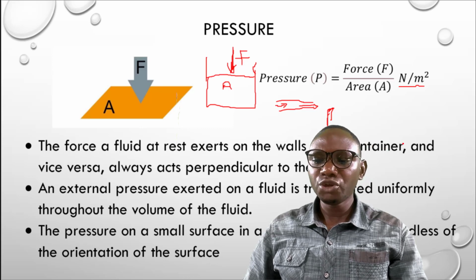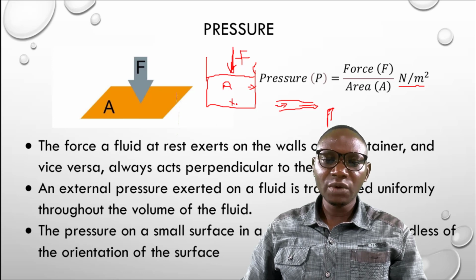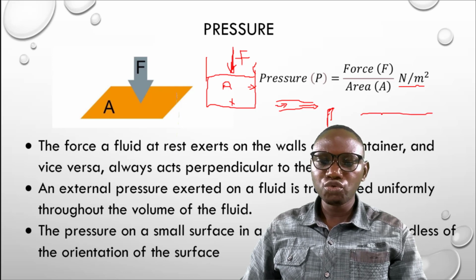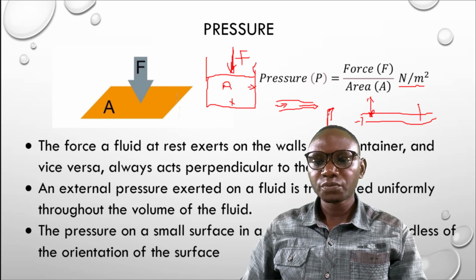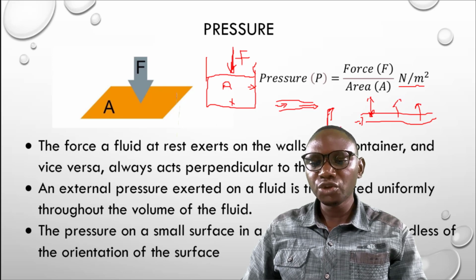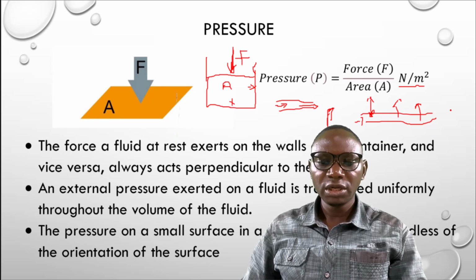When an external pressure is exerted on a fluid, the pressure is transmitted equally in all directions through that fluid. When you are pumping water through a pipe and there is pressure from the pump, if you make a hole at the top of this pipe, the pressure at which the water comes out here will also be equal here, because the pressure applied to the fluid is equal in all directions.